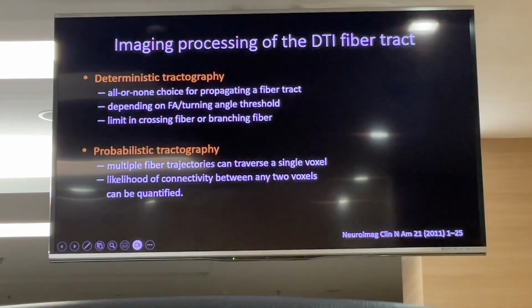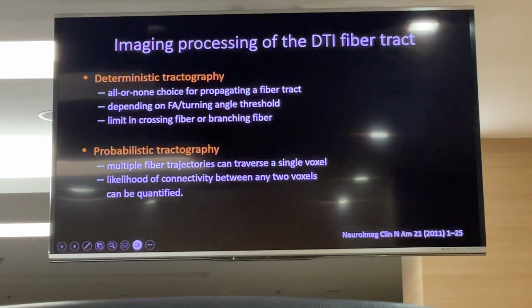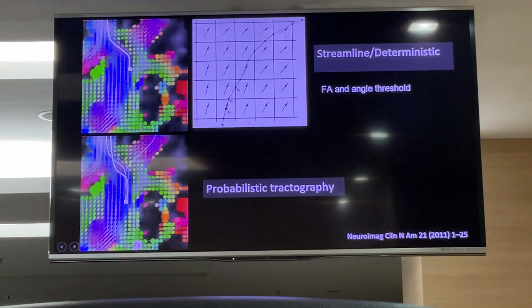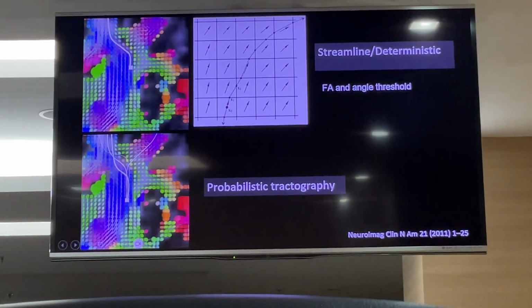Okay, this is a very basic image processing of the fiber tracts that we have used. The first is deterministic, the second is probabilistic tractography. Simply, deterministic tractography relies on the propagation of water from voxel to voxel, and we use FA and angle thresholds as a rule for how the water propagates.